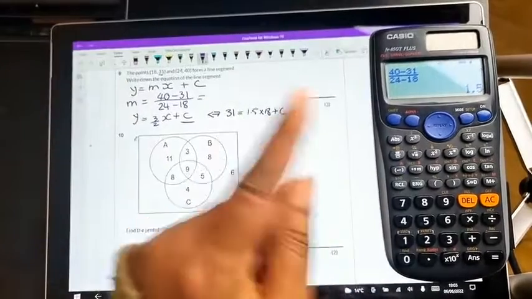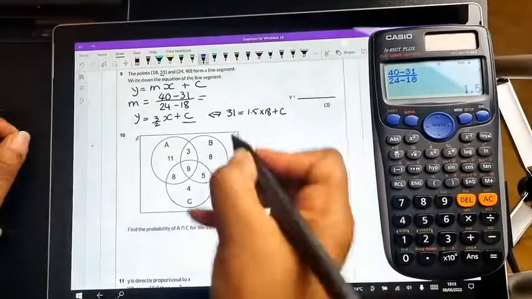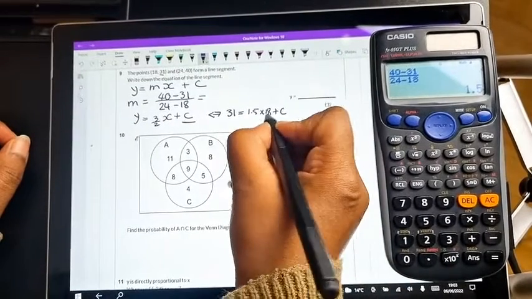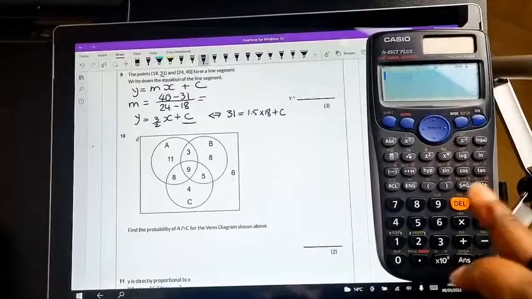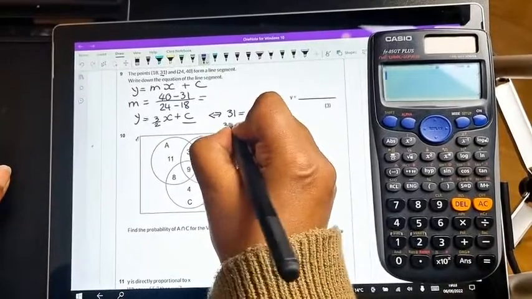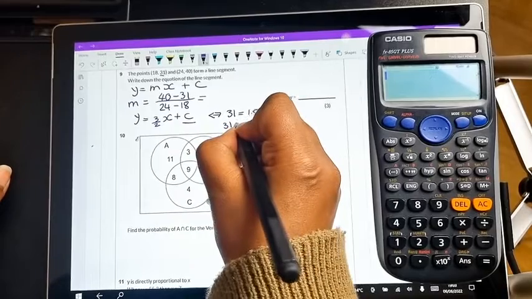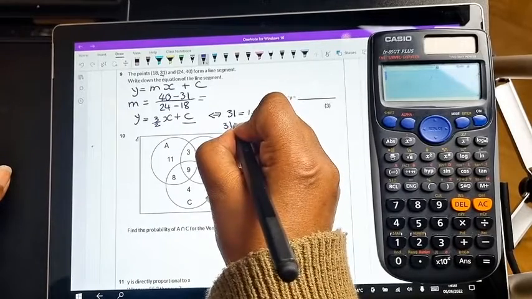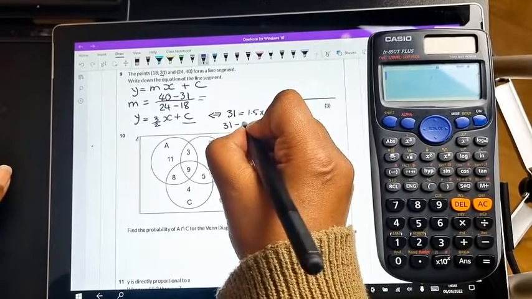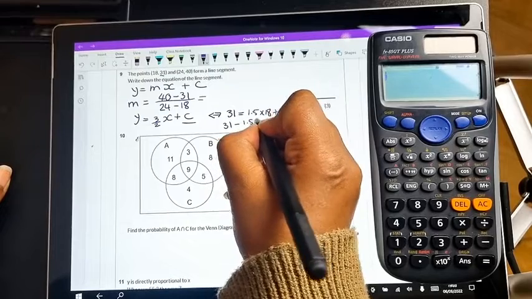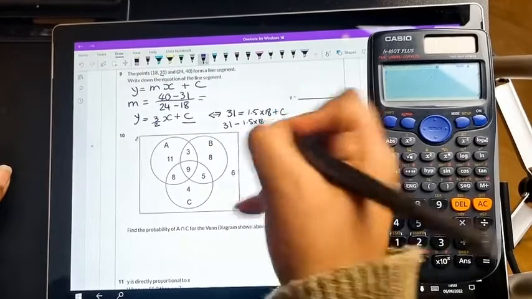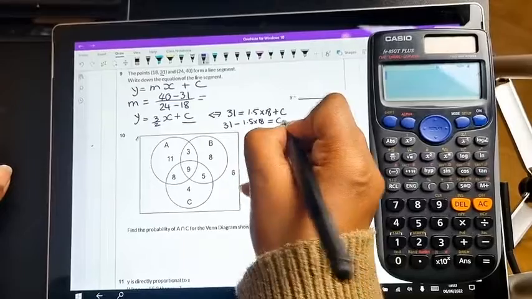I rearrange, then I plot on the calculator. So we know 31, and 1.5 times 18 we're going to move to this side, so it's going to be minus 1.5 times 18. You could have done it straight away, is equal to c.